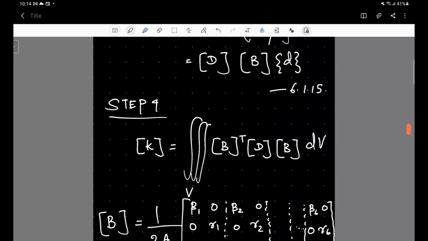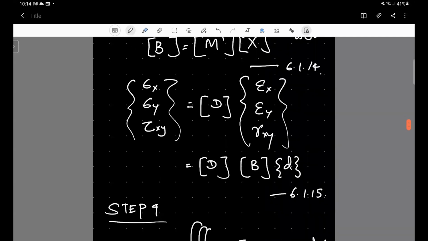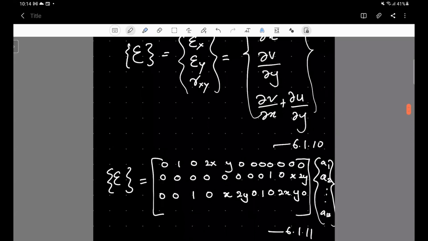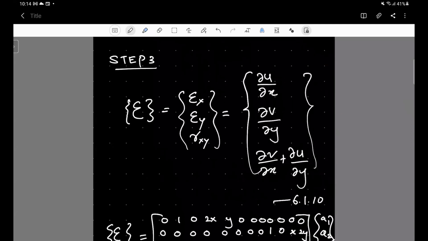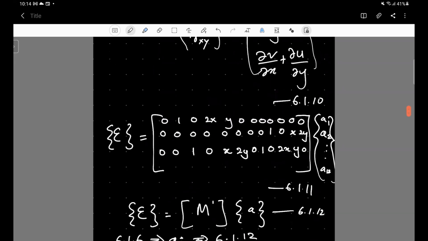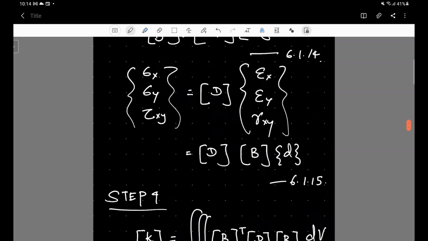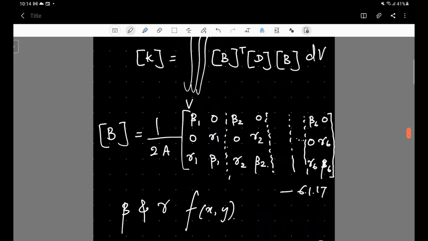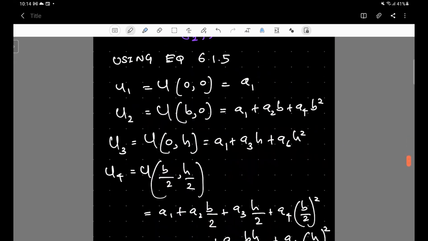We know for the strain within the element, we have to perform differentiation with respect to x, y, as well as, in order to take the rotation, we have to get the combination of these two differential terms. So now, since we have obtained expressions for u and v in terms of shape functions, we can perform the differentiation and obtain the corresponding strain matrix.